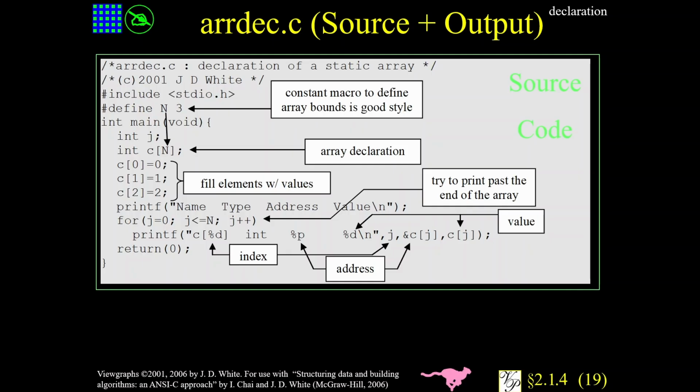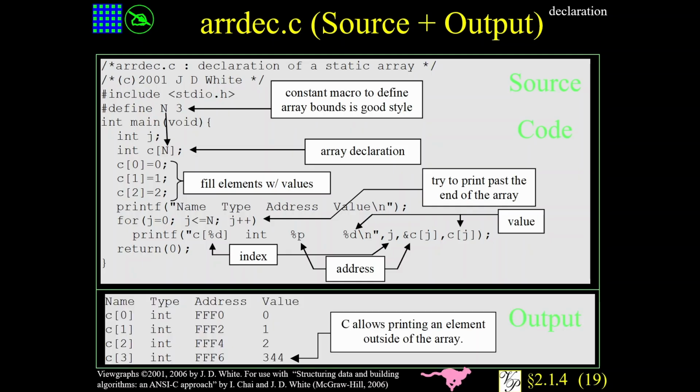If we wanted to run it, this is basically the output that we would print: C0, C1, C2, C3, integer, FF0, FF2, FF4, FF6, 0, 1, 2, 3, 44.